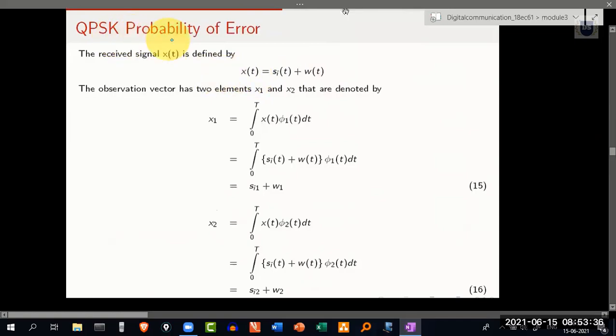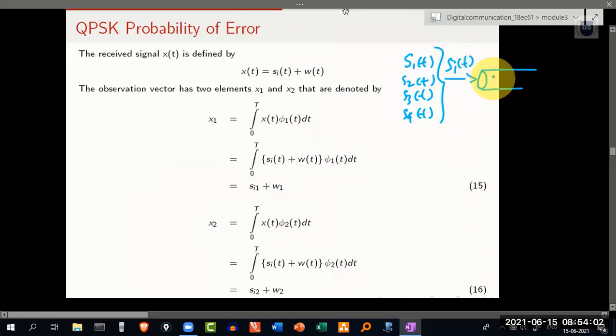Now, in this probability of error, we all know that either s1 of t, s2 of t, s3 of t, or s4 of t, out of all these four signals, any one message signal will be transmitted at a time. So let's in general write it as si of t, and this is being transmitted over what channel?